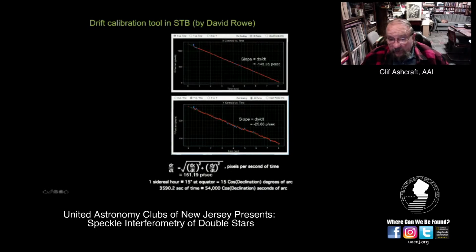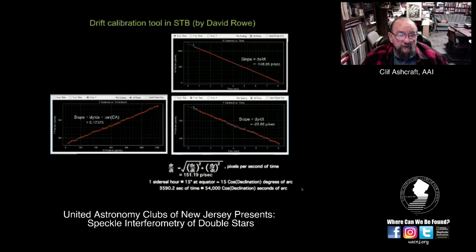Now, knowing that one sidereal hour is 15 degrees at the equator, and it's 15 times the cosine of declination in degrees of arc at wherever your star is, and further knowing that there's 3,590.2 seconds of time per this many seconds of arc, you've got enough information to calculate your scale factor.